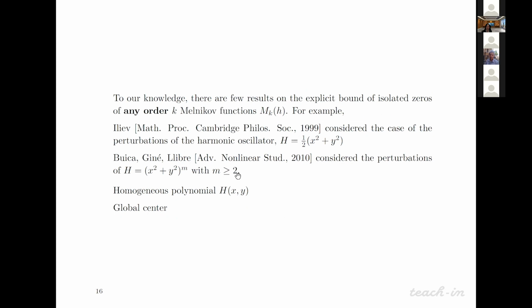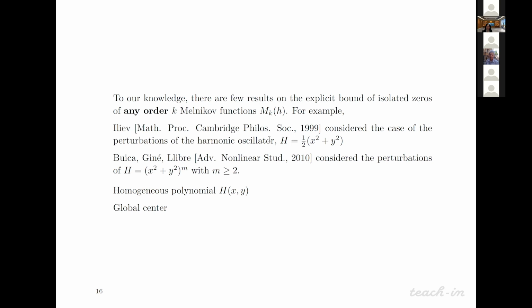The first work is by Iliev. He studied the Hamiltonian function in this way. For this Hamiltonian system, the center is a linear center. Another work is by Gasull and others in Spain. They studied this kind of Hamiltonian function, (x squared plus y squared) to the power m, with m greater than 2.